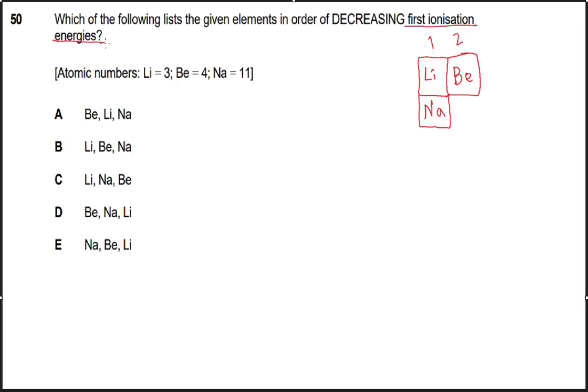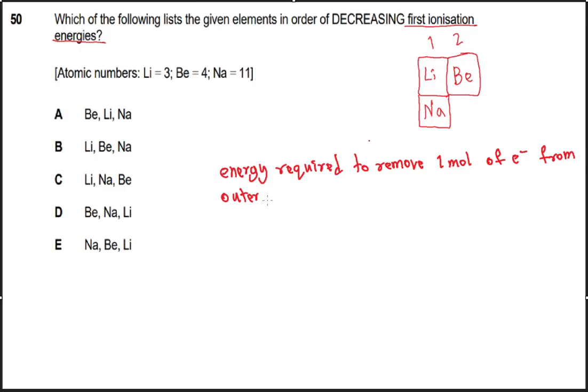First ionization energy. The definition is that first ionization energy is the energy required to remove 1 mole of electrons from the outermost shell. The outermost shell electrons are typically the valence electrons.